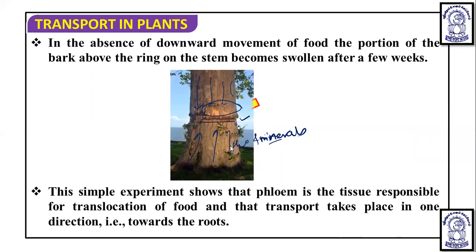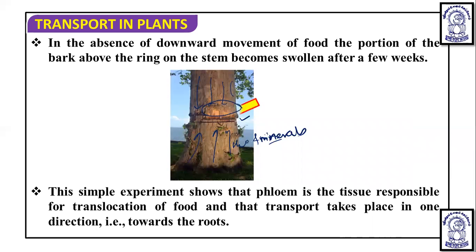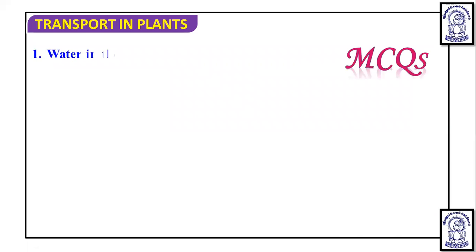That was proved by this girdling experiment, and this girdling experiment was done by Malpighi. Malpighi was the scientist who did this experiment. Okay, so that is all about phloem transport and the girdling experiment.